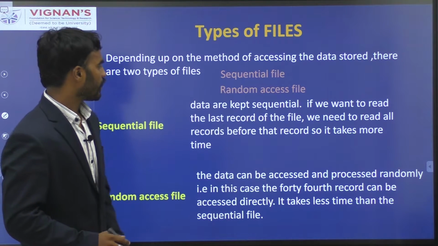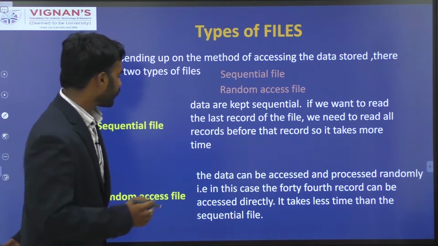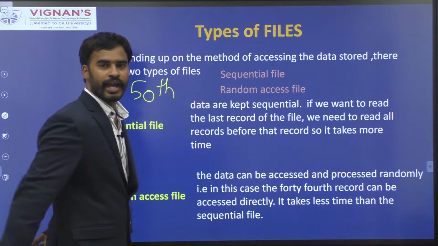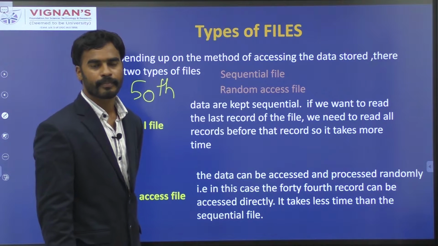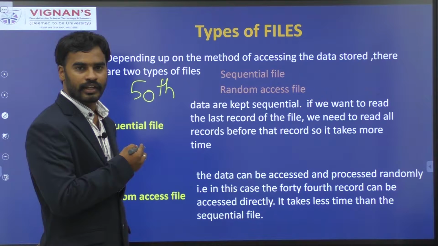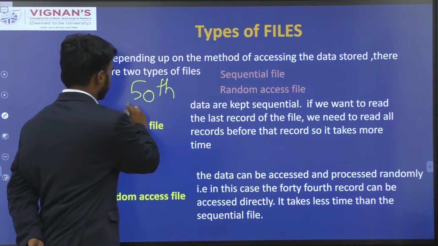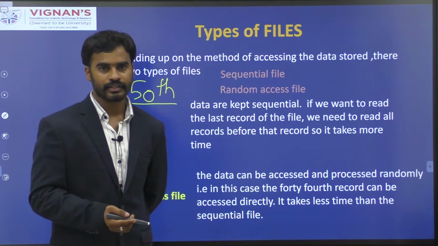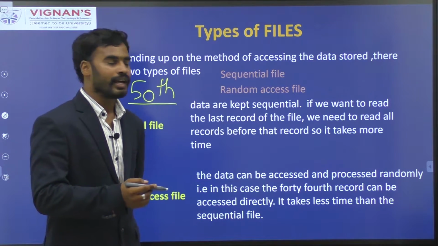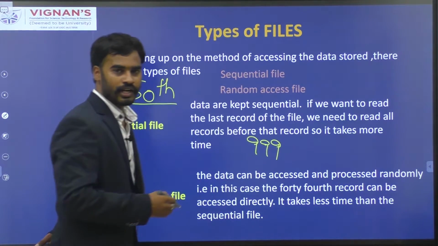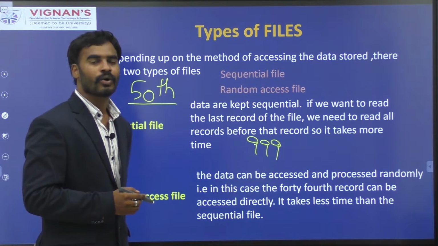So for example, if you want to access the 50th record in your file, you have to go through all the 49 records, then only can you access the 50th record. For example, if you want to access the 1000th record, you have to go through all 999 records before that, then only can you access the 1000th record.